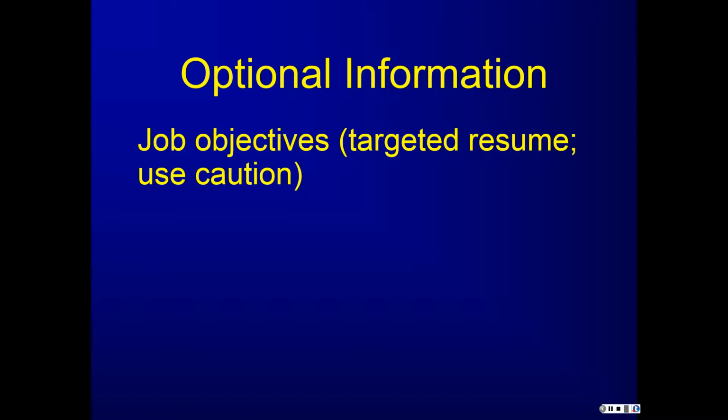You run the risk of boxing yourself in, and because you box yourself in, you eliminate yourself from consideration. Look at the types of resume lecture for reasons why you should not put on a job objective. If you're writing a targeted resume, you have to put one on, but people really don't like seeing those job objectives anymore, so I would caution you against putting one on.